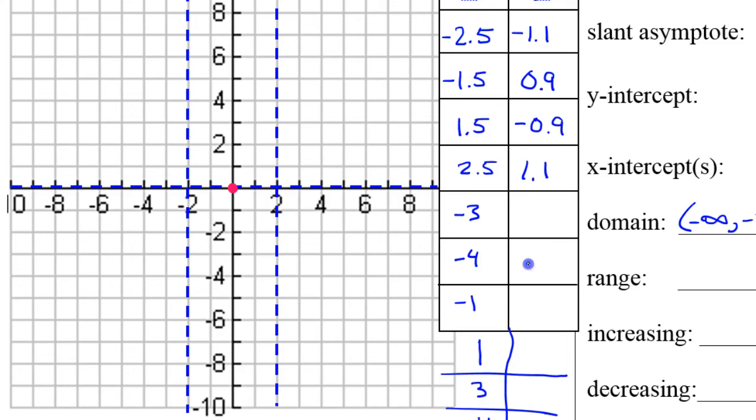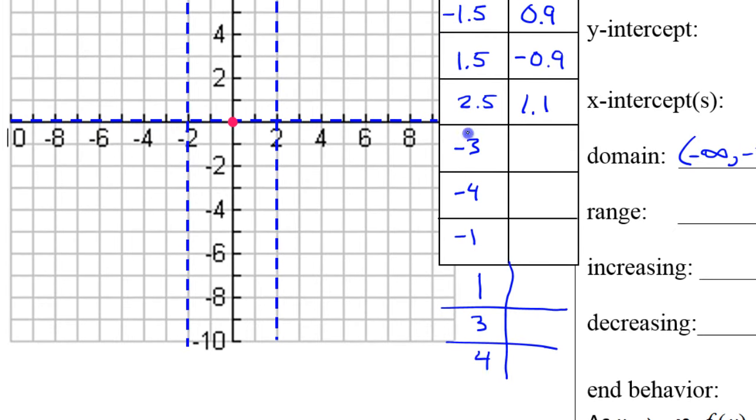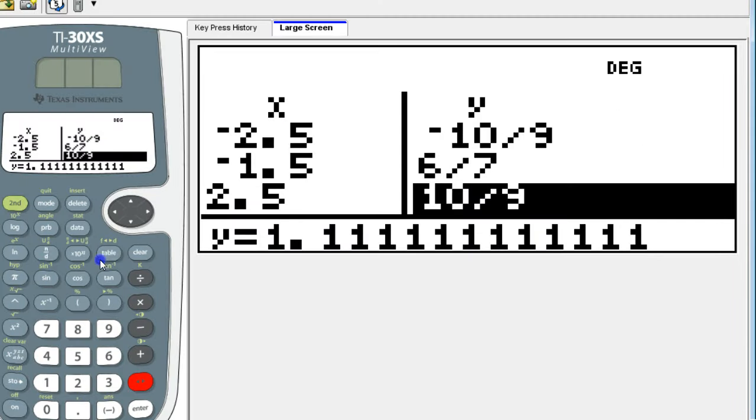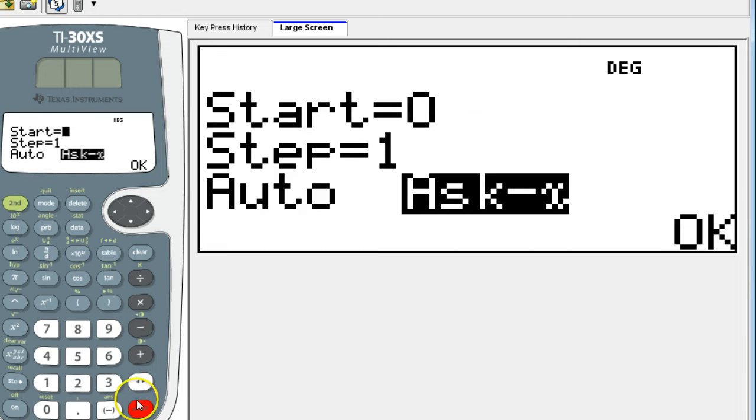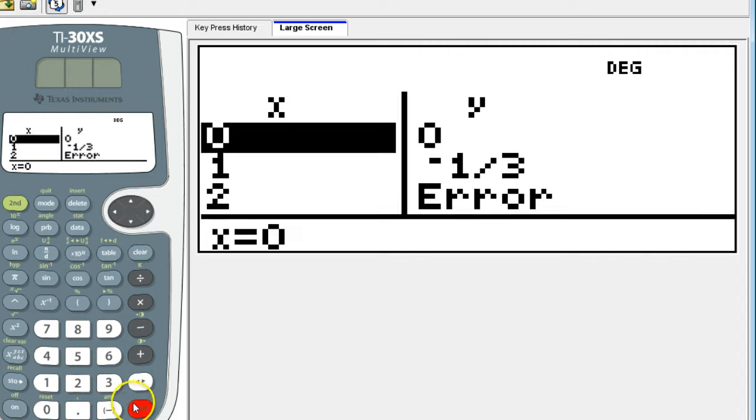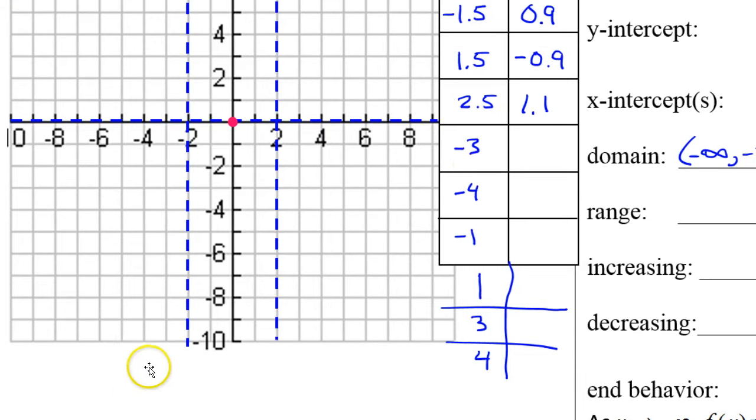After that, it might be easier to get the rest of these values in auto mode. So if I go back to my calculator, hit the table button, hit enter, I might switch the calculator back to auto mode now. So where am I?